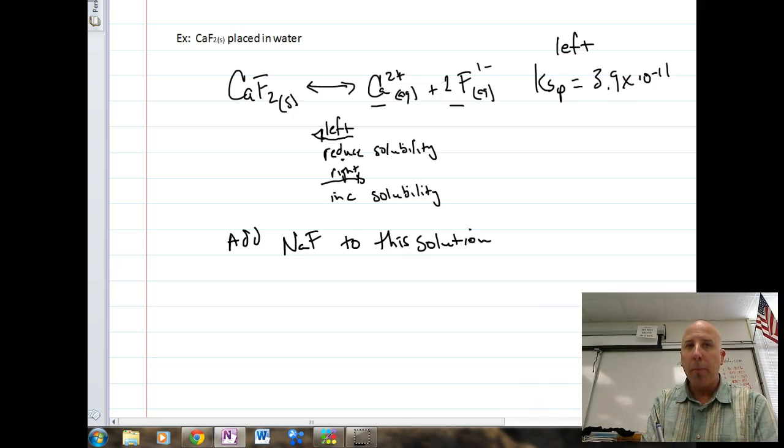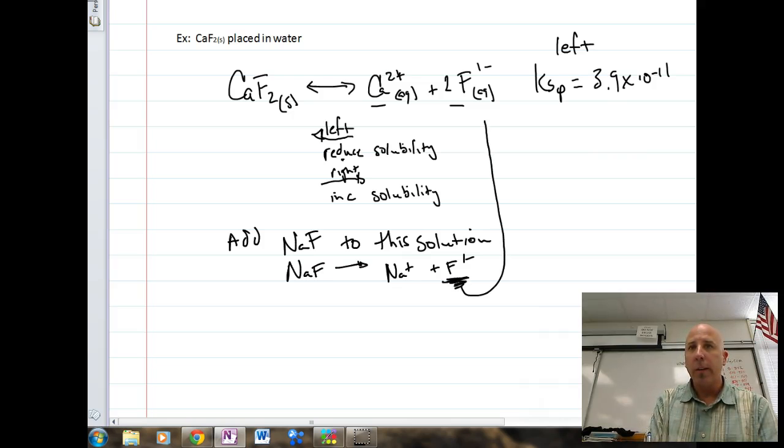Now, what would happen is obviously the sodium fluoride is going to ionize. Because sodium is an alkali metal, it's very soluble. So we're going to have the sodium ion plus the fluoride ion. Now, what this is going to do is increase the concentration of our fluoride ion. And we know if we increase the concentration of our fluoride ion, we're going to shift this entire equilibrium to the left.